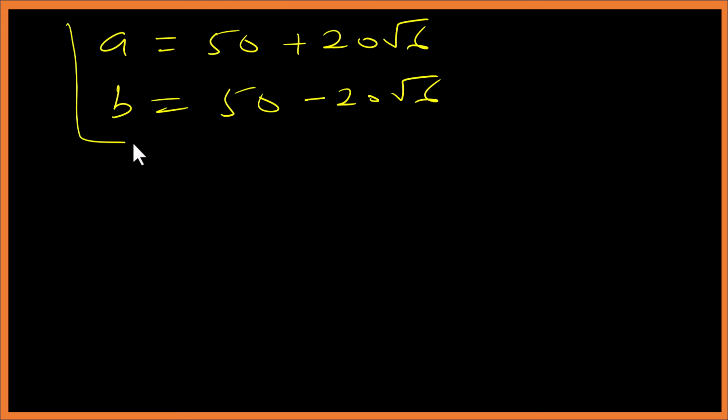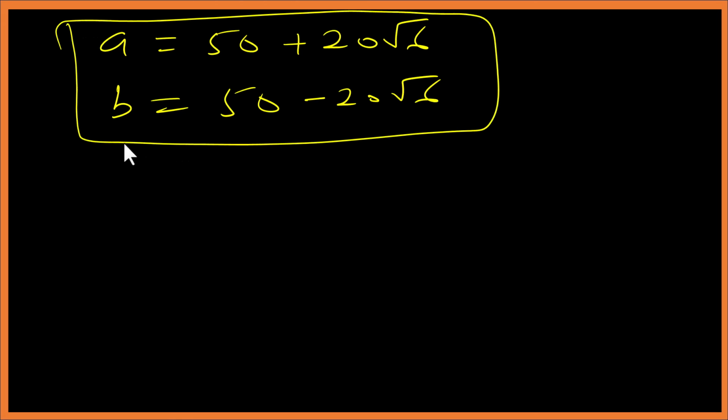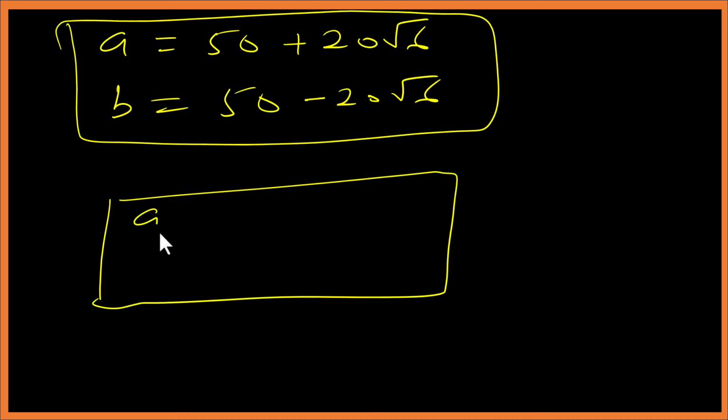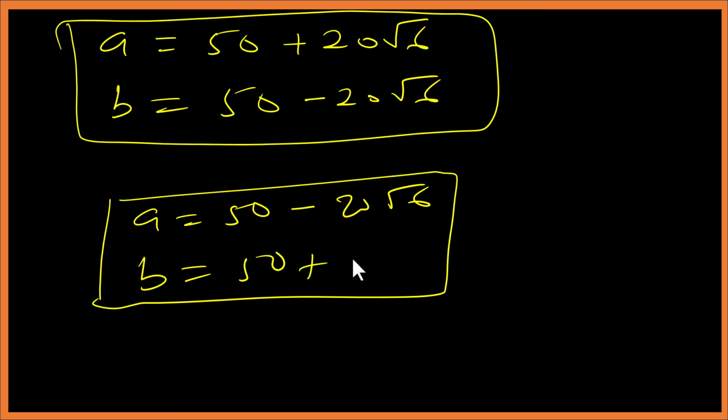So we have this solution. And if a is 50 minus 20 with 6, b will be 50 plus 20 with 6 as the answer.